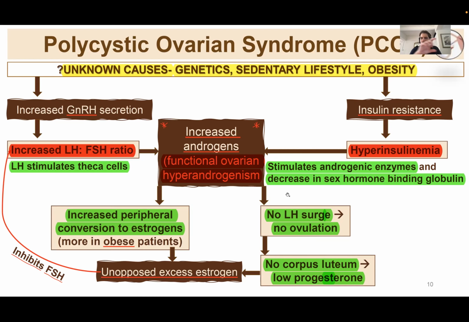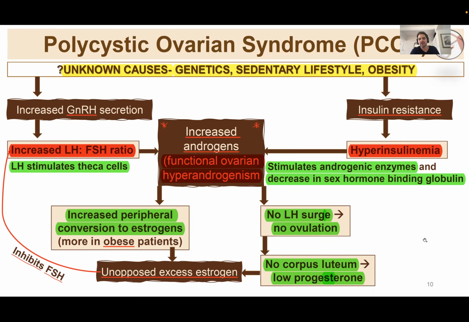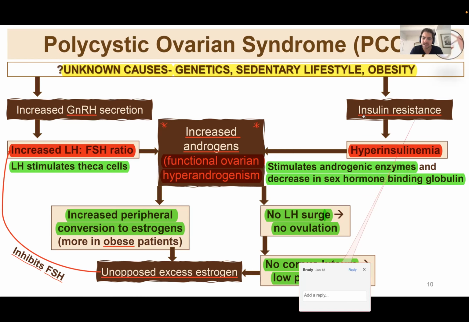Now, if you looked at this over time, you can see there's no LH surge. You get a constantly elevated LH over the month, so you don't get that ovulatory spike. So you won't get ovulation, no corpus luteum, no progesterone, so no feedback on estrogen. Major things you need to remember: insulin resistance, increased GnRH, increased LH, decreased FSH, increased androgens.